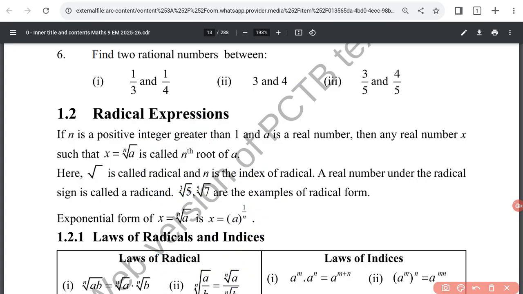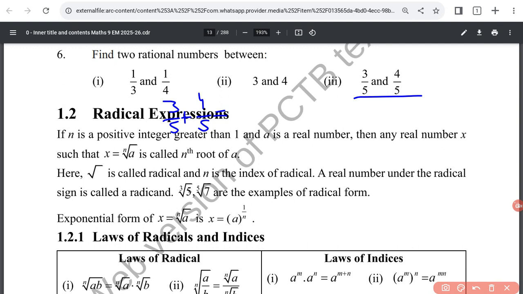Okay, so now we move towards the last part of this example, that is 3 over 5 plus 4 over 5. So we take the average.